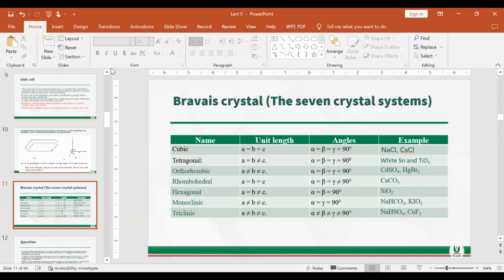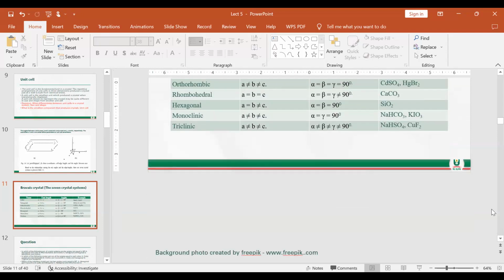So these are the different types of crystal system. This classification of crystals into 7 groups is called the Bravais classification system.